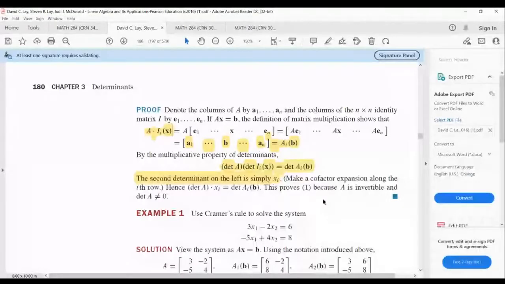All right. So now, I'm just trying to unhighlight what things I don't need.